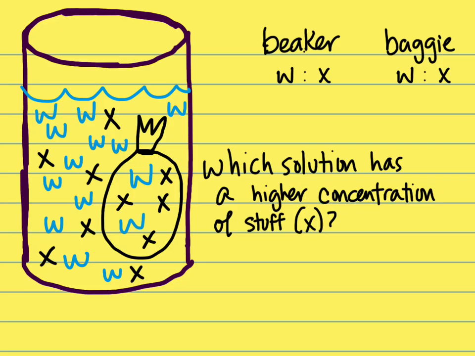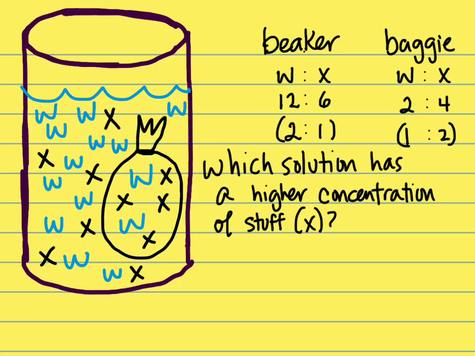So here we have yet another beaker with a baggie, and we could ask which solution has a higher concentration of solute particles, the little X's. Well, in the beaker, there are 12 waters for every 6 solutes, every 6 X's. In the baggie, there are 2 waters for every 4 X's.